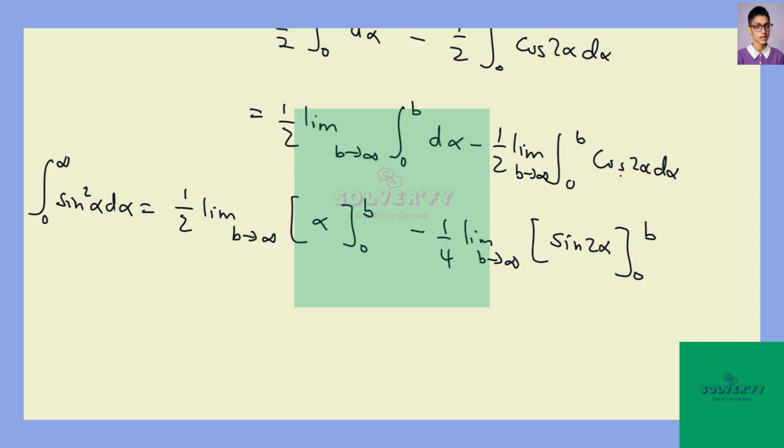So now we say that therefore the integral from 0 to infinity of sine squared alpha d alpha is divergent.